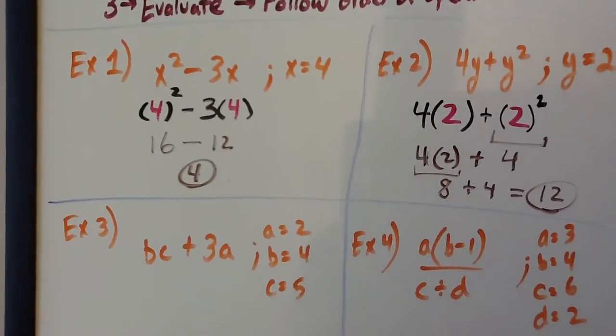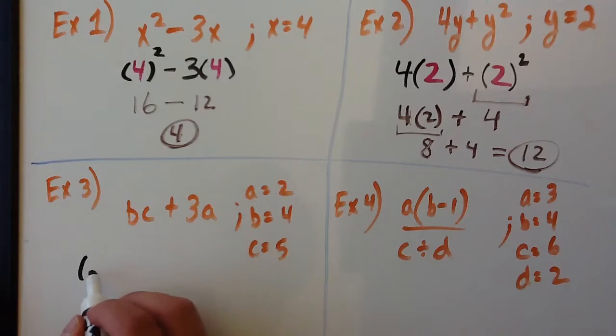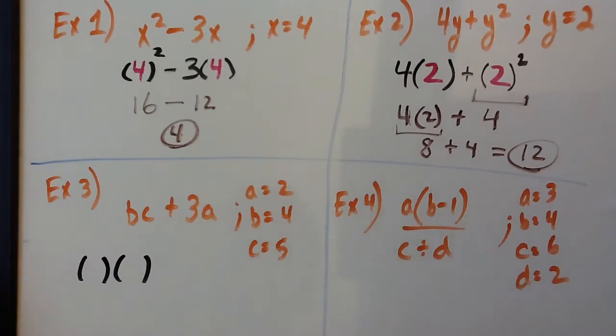Example number 3, I have BC plus 3A, and I'm told that A is 2, B is 4, and C is 5. So step 1, set it up. I have BC here, which means B times C, right? B times C. So I'm going to have parentheses back to back. That means multiplication.